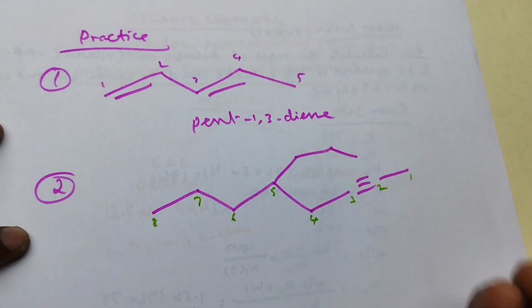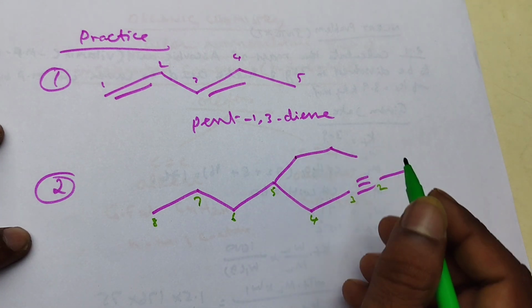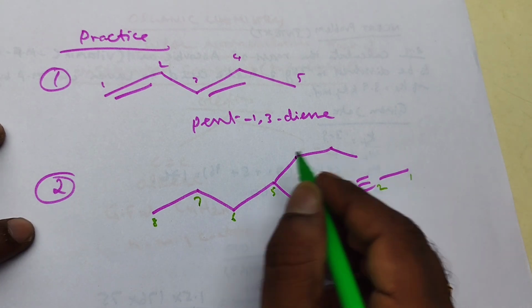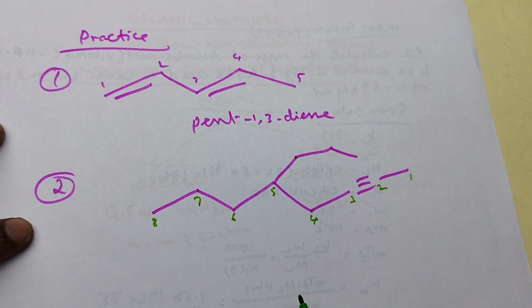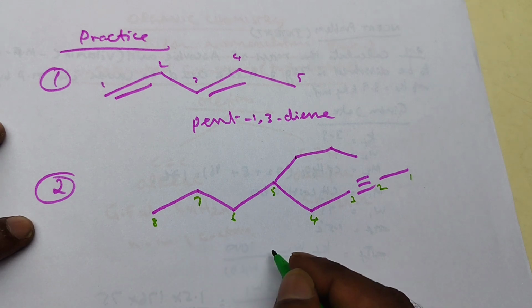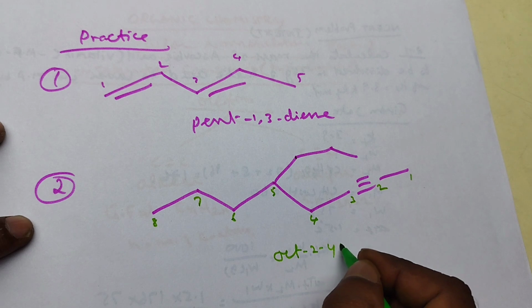Either way you have to give the numbers to the carbon atoms, and that should be the maximum number of carbon atoms. So in the fifth position we are having 1, 2, 3. 3 means what is the parent name? Propyl. So it is substituted at the fifth position. And at the second position we have a triple bond also. So 8 means oct, where it is 2-yne.